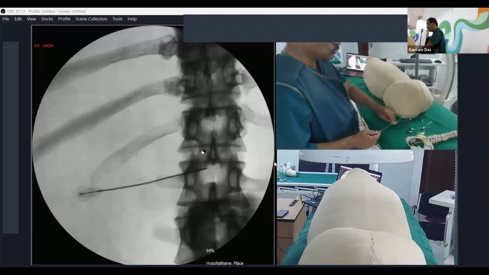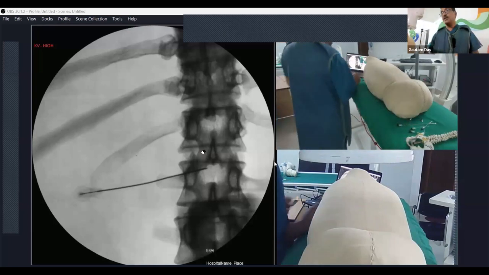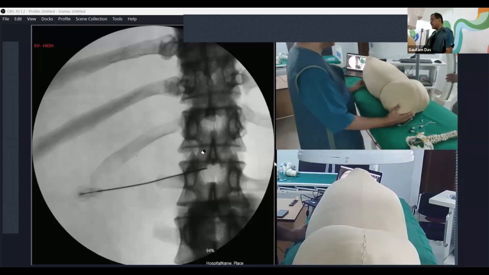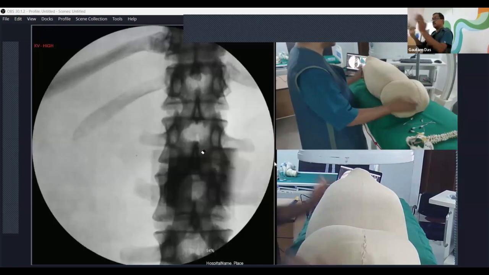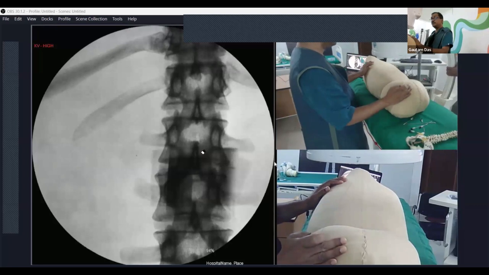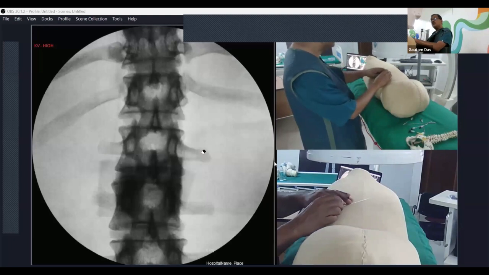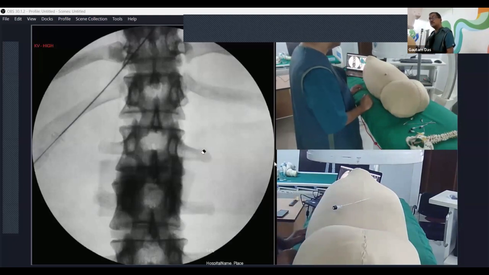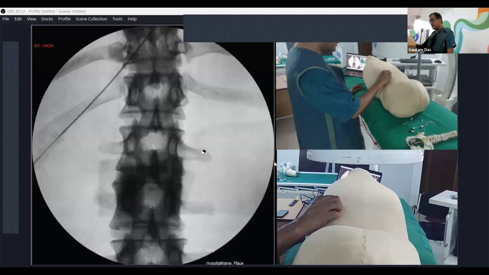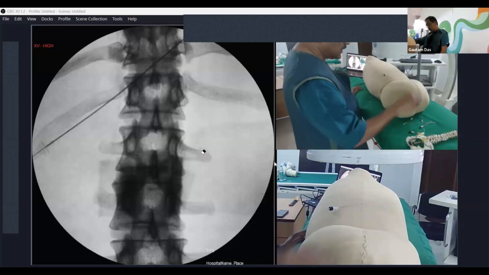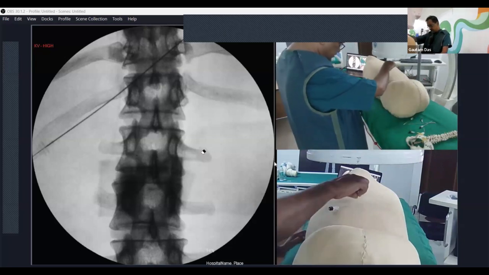So in the Kapis approach, what you have to do? We have to draw the triangle. As I told you, the triangle has one side by the vertebral body, another side by the another. One line should be drawn like that, another line will be drawn like this.